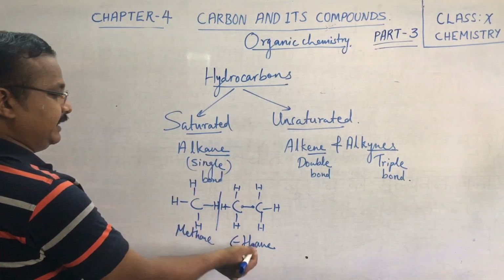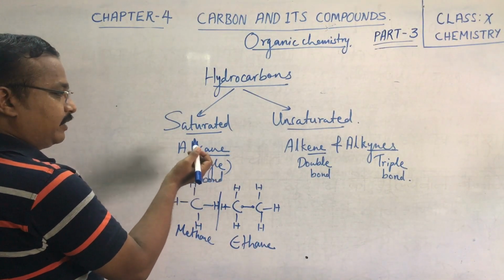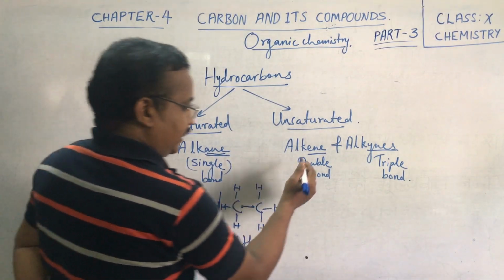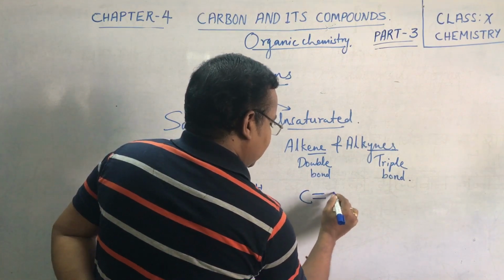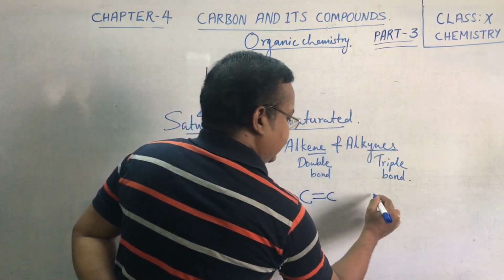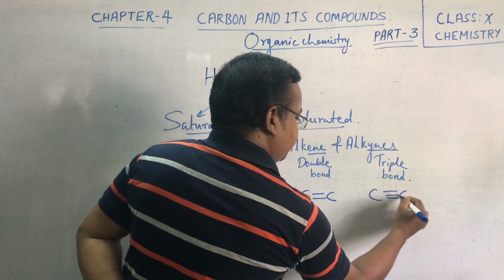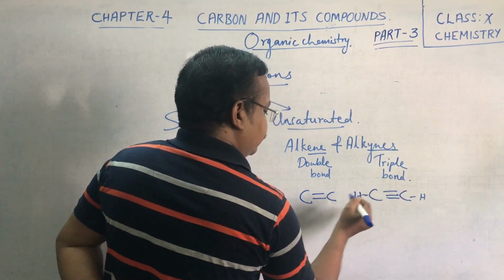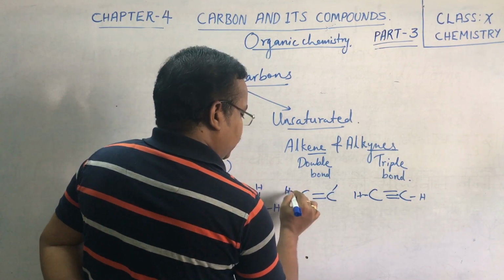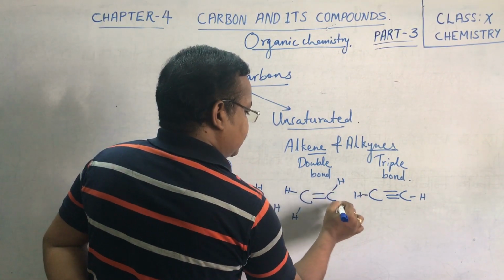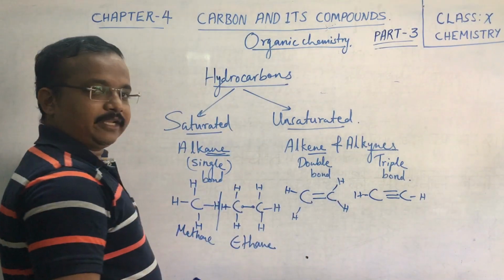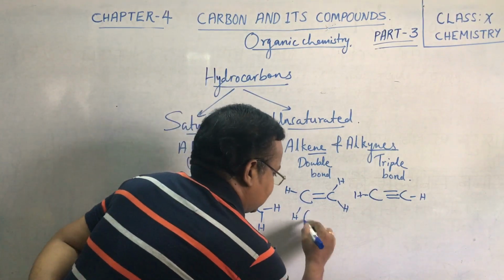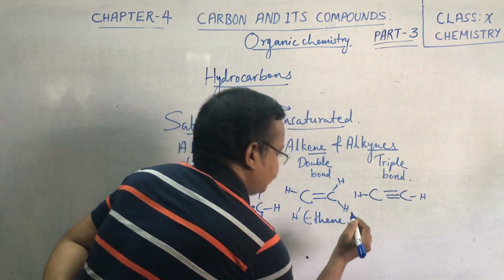Ethane comes under the alkanes which have a single bond between them. In alkenes, there is a double bond between carbons, and in alkynes, there is a triple bond. The other bonds are satisfied by hydrogen. Here 2 other valencies are satisfied by hydrogen atoms. That is our alkenes, this is our ethene.